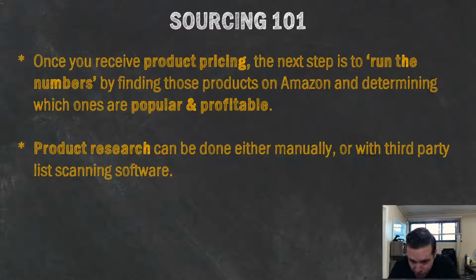More importantly, though, in the beginning, it is super important to learn how to recognize good, profitable products manually, because if you don't know how to find them without software, I promise you guys are not going to be able to find them with software.